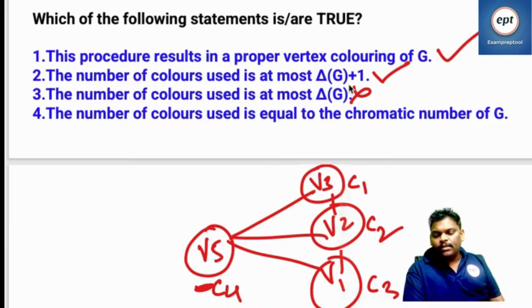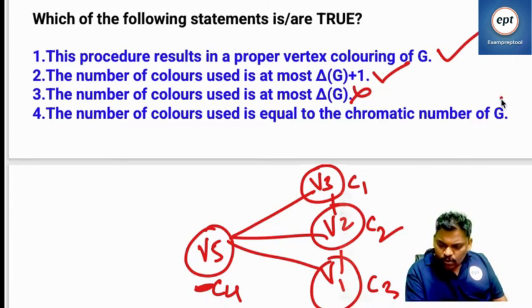The reason is that this is a greedy algorithm; there is no proper algorithm to find the chromatic number. It may give more colors. Actually 3 colors are required, it may give 4 colors. So this is also wrong.